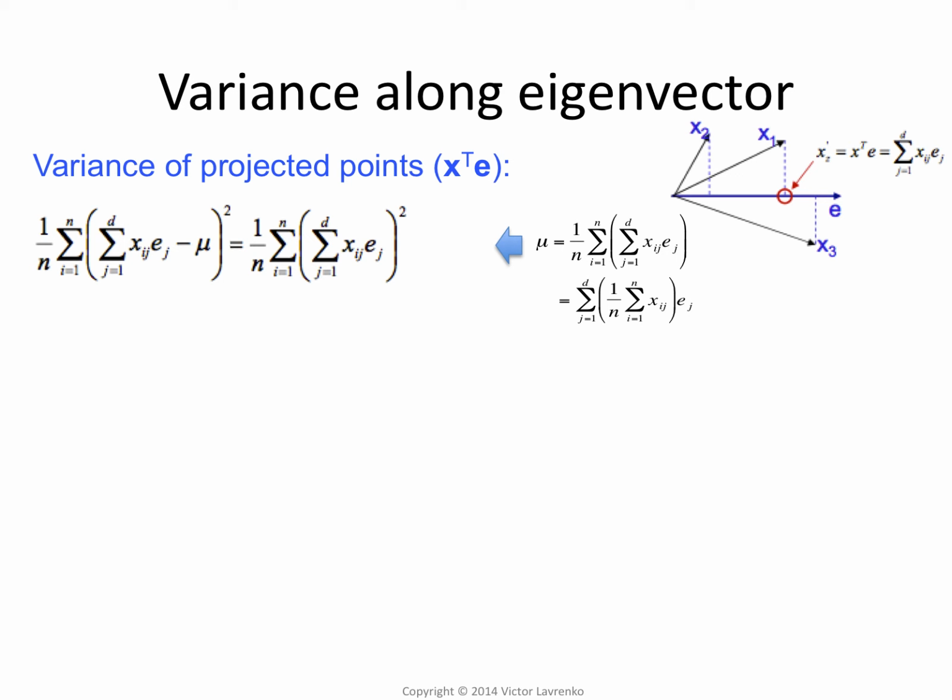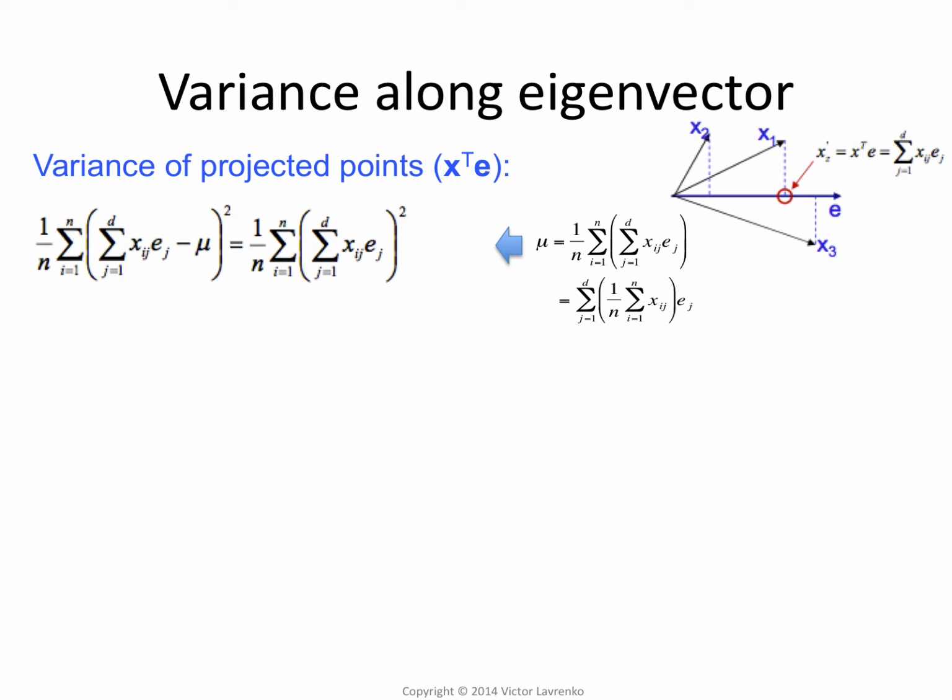We have two sums, so we can change the order of summations. If I move the sum over i's inside, look at what I get: ej multiplied by, in parentheses, the sum over all instances of the value of the jth attribute, divided by n.